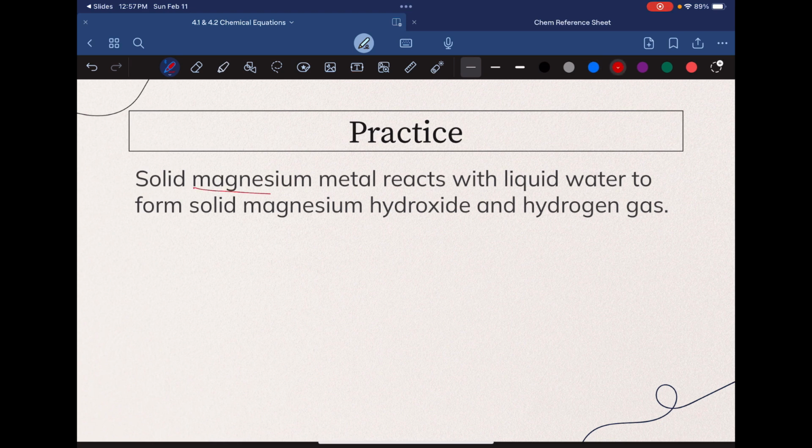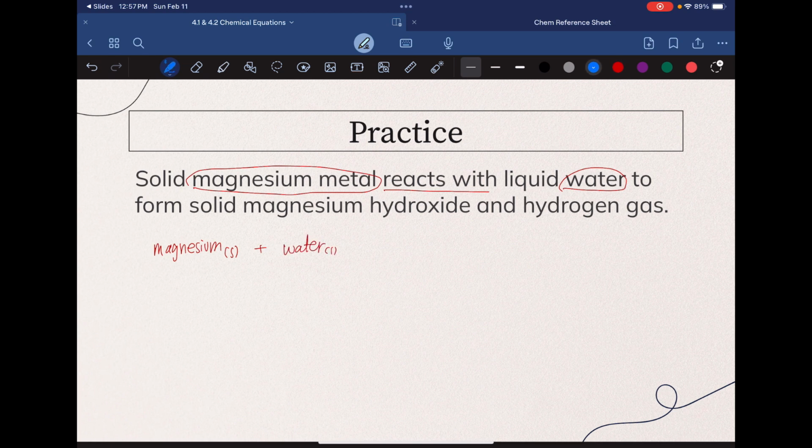You have solid magnesium metal reacts with liquid water to form solid magnesium hydroxide and hydrogen gas. Before I switch colors, I'm just going to write this down. Magnesium metal, so it's solid, reacts with water. It says liquid.